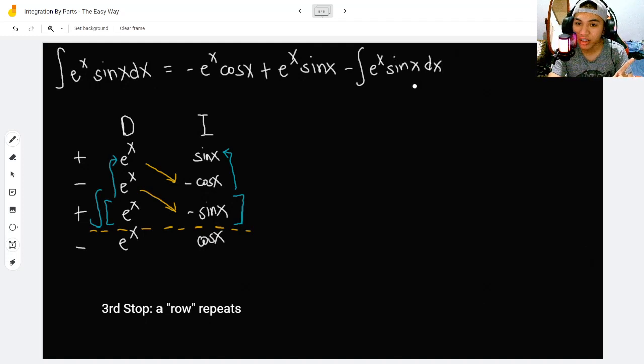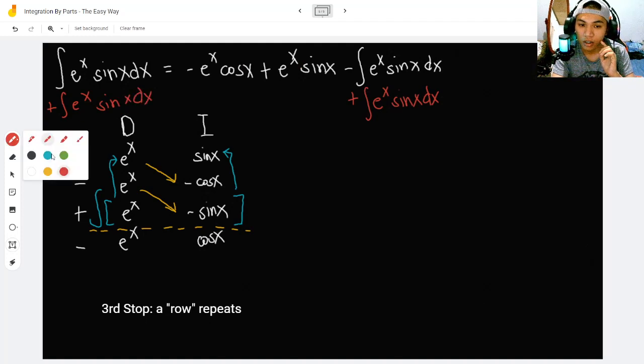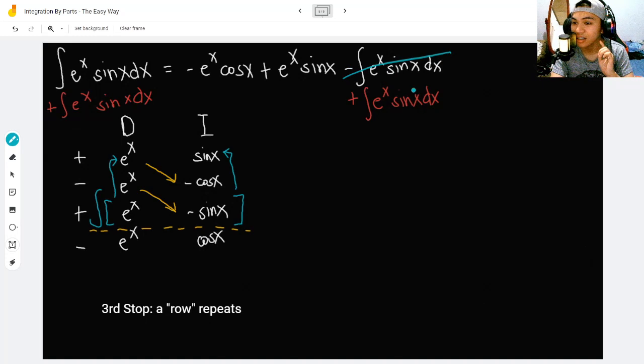Since it repeated, we can add this integral to both sides. So we can add the integral of e to the x sine x dx to this side as well. Okay, so that this will nicely cancel each other out.